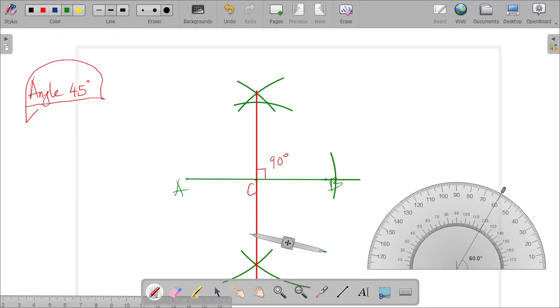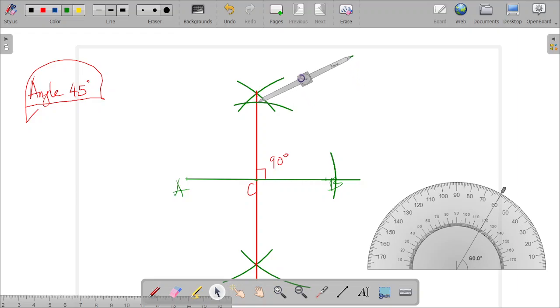Now the points where those arcs cut those lines, let's leave them unnamed. The next thing you're going to do is put your compass on those points where the arcs cut those lines. So put your compass point on this point here. You can extend out your compass like that.